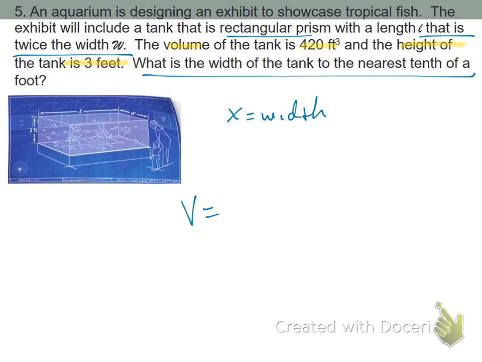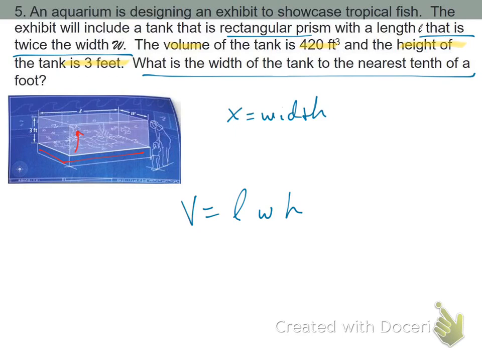But there are 3 dimensions to volume, right? Volume is how much water it takes to fill this guy up, right? And so it has a length and a width, and it has a height, and we need all 3 of those dimensions. So we need length times width times height.